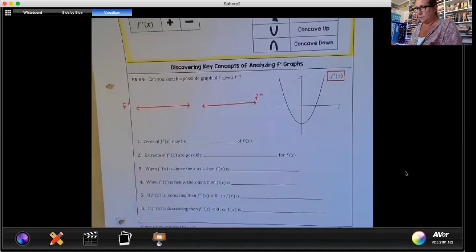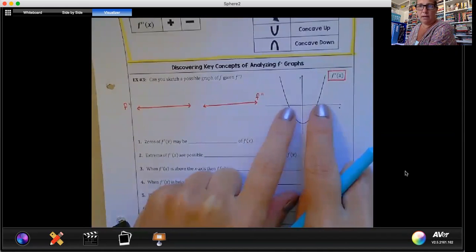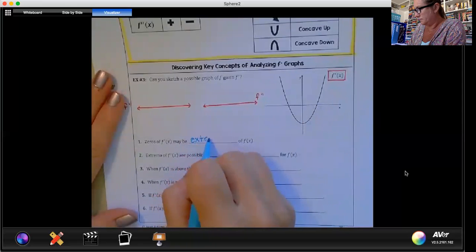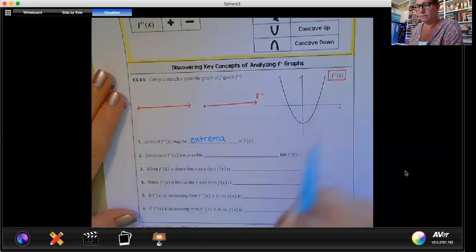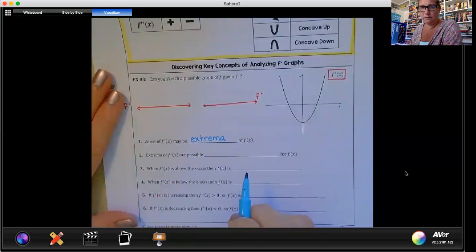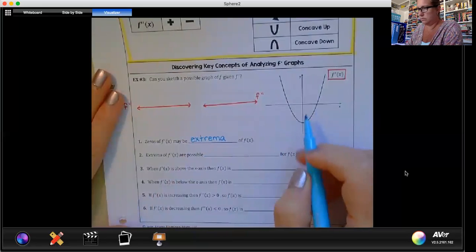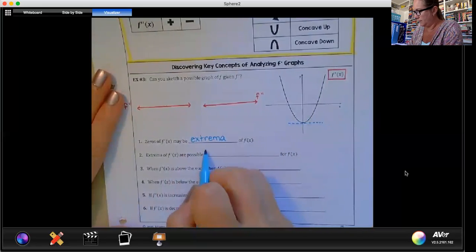So zeros of f prime, that means your x-intercepts of f prime, interpret that to f, so backing up from f prime to f, these may be extrema, max or min, going from positive to negative and negative to positive. So extrema on f prime, like here, are possible slope is 0 inflection points.